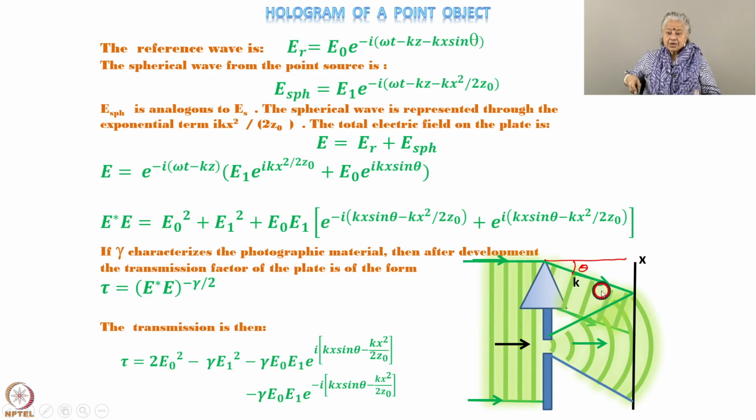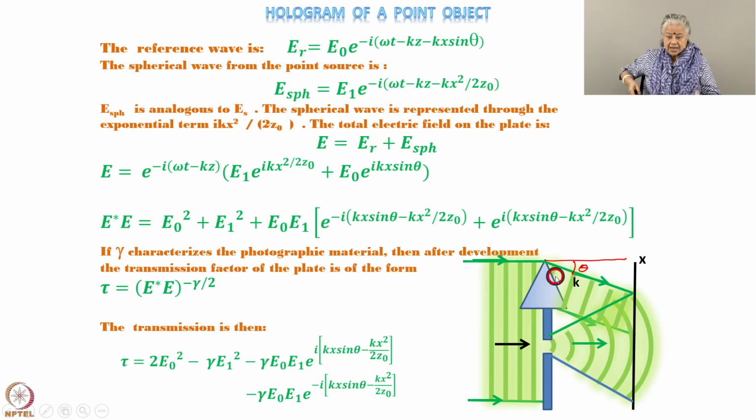So, here I have this. So, this is my reference wave. Now, the spherical wave from the point source is given by spherical. So, instead of calling it the signal wave, I am calling it the spherical wave. Basically, the spherical wave is the signal wave itself, but it is spherical because I have taken a spherical wave.